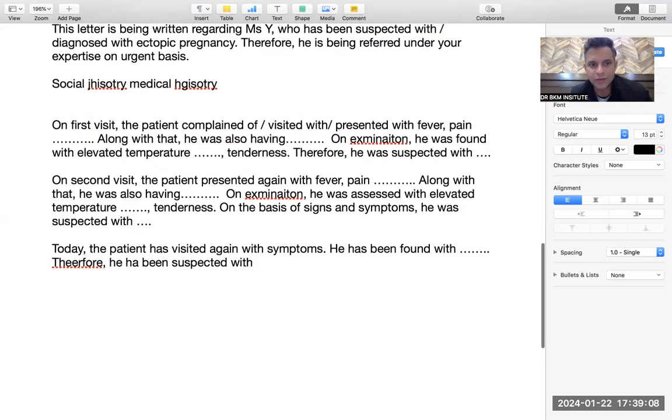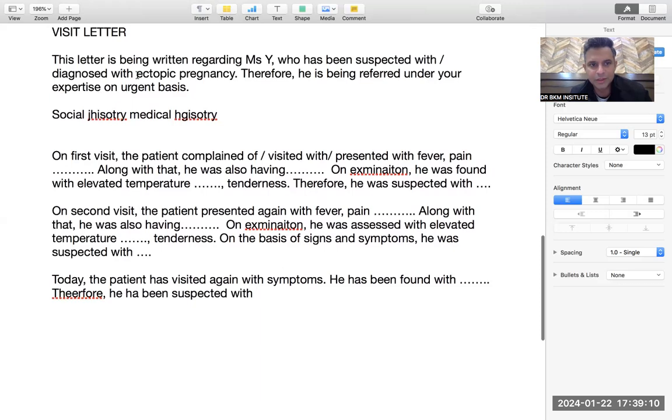Now this is the only word that will repeat from here: suspected with ectopic pregnancy. So I'm putting it here. So this is the only line that would be same. Therefore, he has been suspected with this. And then you end up with: for which your expertise is highly required.